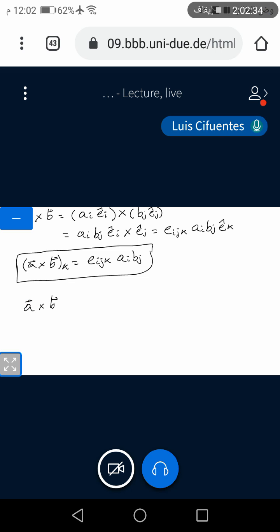This cross product is just using this matrix here.